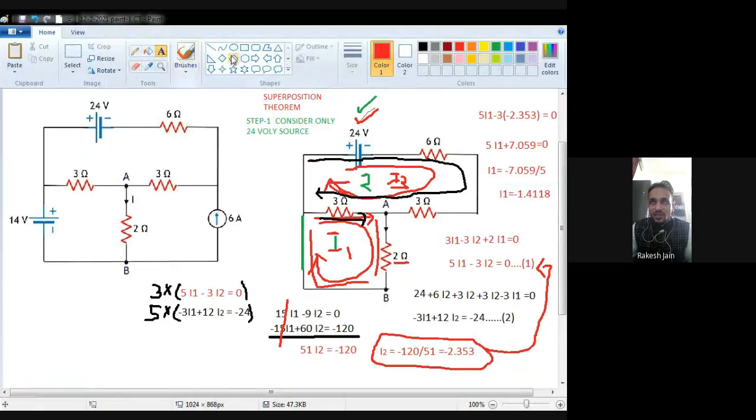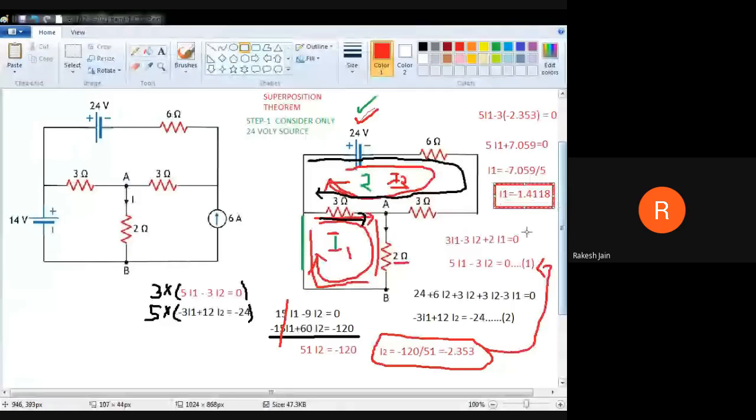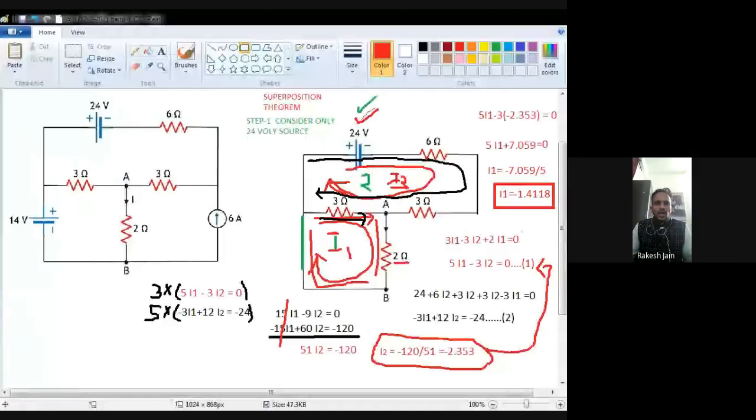So now what it becomes? 15I1, now 3 multiplied by 3, that is 9I2, and that is equal to 0 multiplied by 3, that is 0. Now the lower equation multiply. So minus 3 multiplied by 5, so minus 15I1.